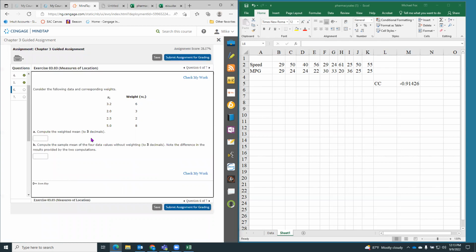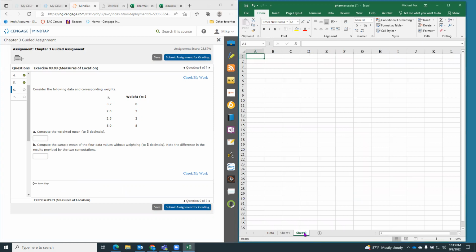Here it says, consider the following data. And so it gives us values of X, and it gives us a weight. And again, we can't export it, so we'll just have to type it in.